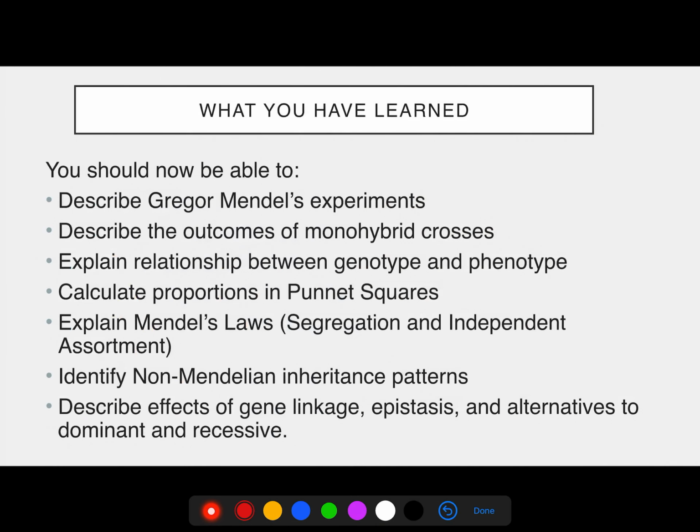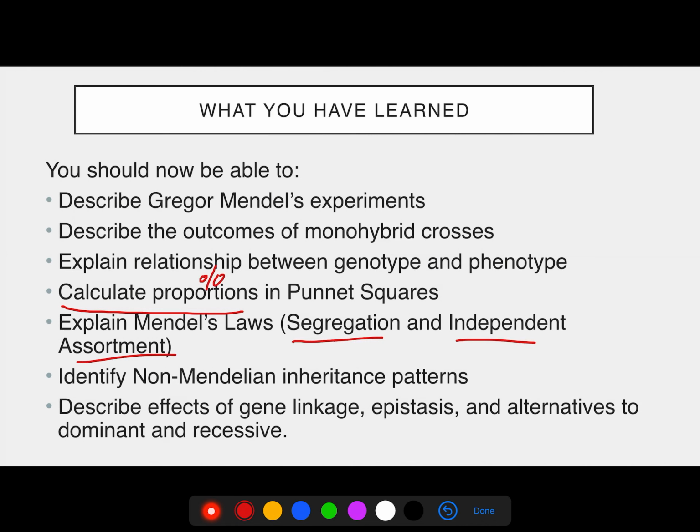Okay, so hopefully in this video you have learned how to describe a little bit of Gregor Mendel's experiments, the outcomes of a monohybrid cross, the differences between what the terms genotype and phenotype mean, and how to calculate proportions or percentages in a Punnett square. Be able to tell me the difference between segregation and independent assortment in reference to Mendel's laws.